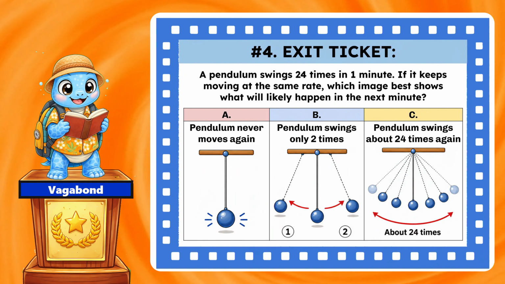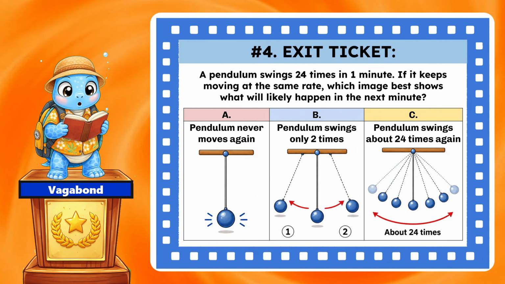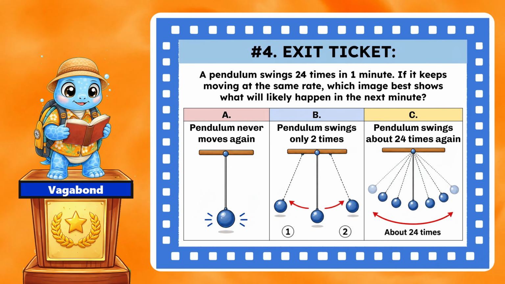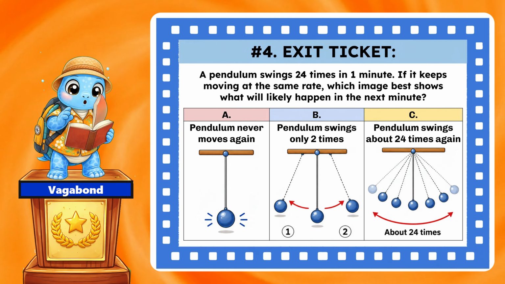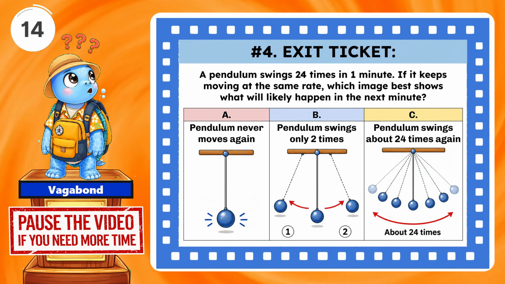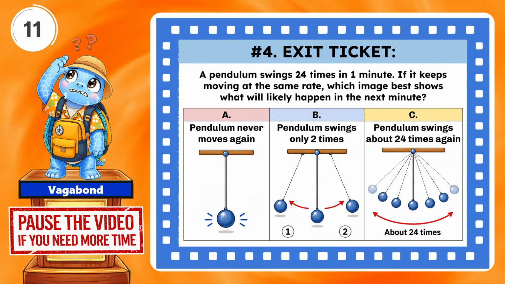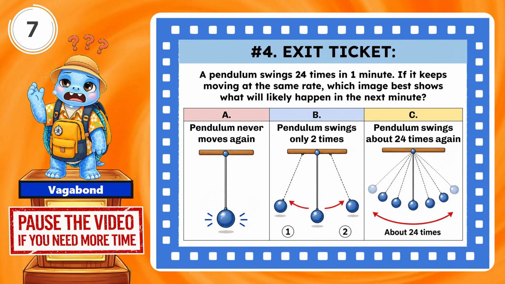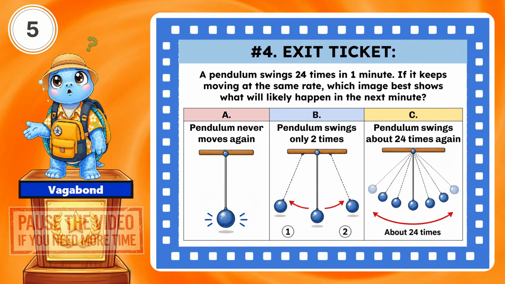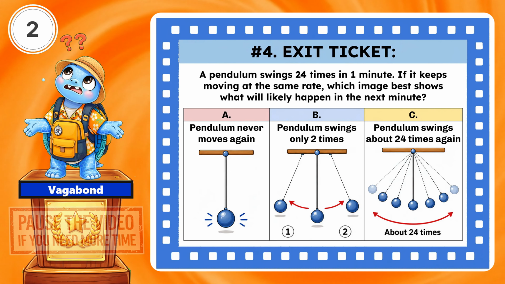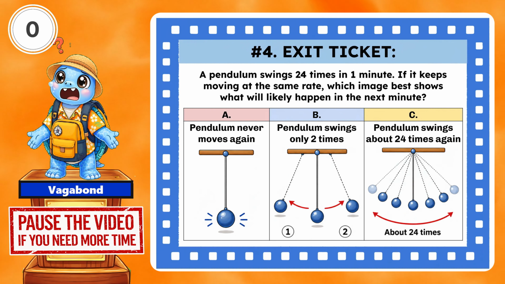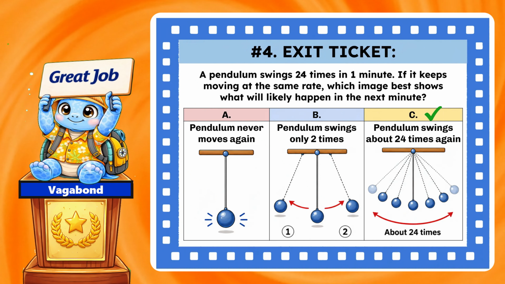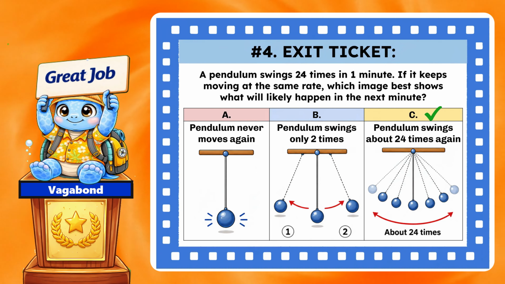A pendulum swings 24 times in 1 minute. If it keeps moving at the same rate, which image best shows what will likely happen in the next minute? And the correct answer is letter C. Pendulum swings about 24 times again.